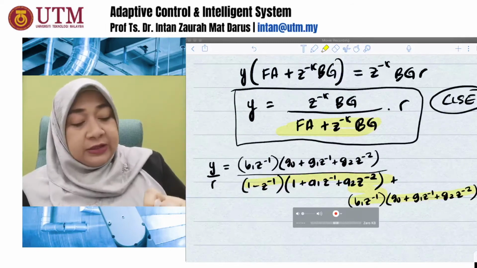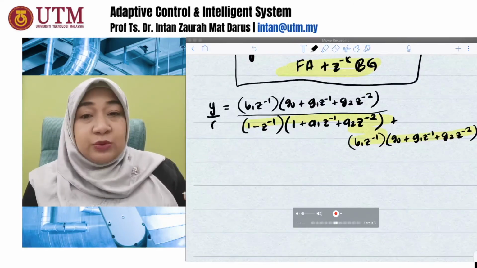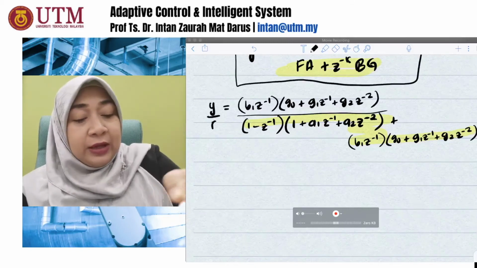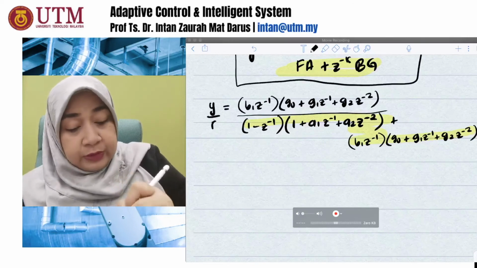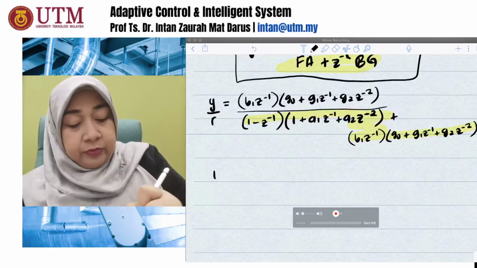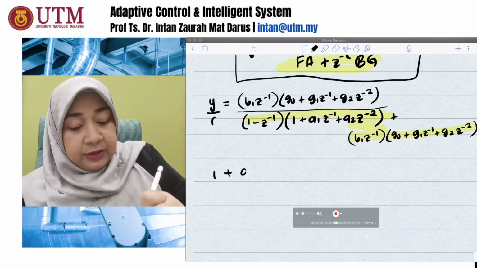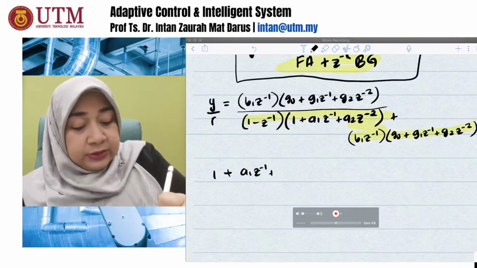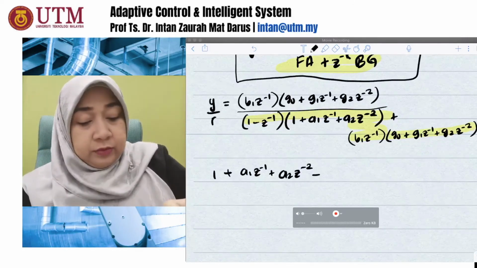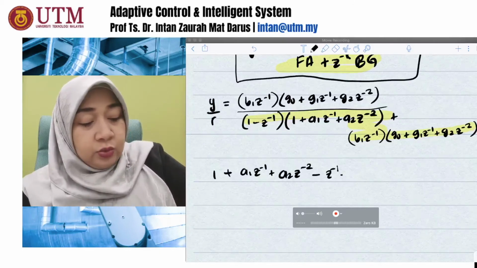All right, so if I can just summarize it or factorize it with the values of z^-1 collected together, z^-2 collected together, how is that going to look? Okay, so let's have a look. It's going to be 1 plus a1 z^-1 plus a2 z^-2, minus z^-1 minus a2 a1.